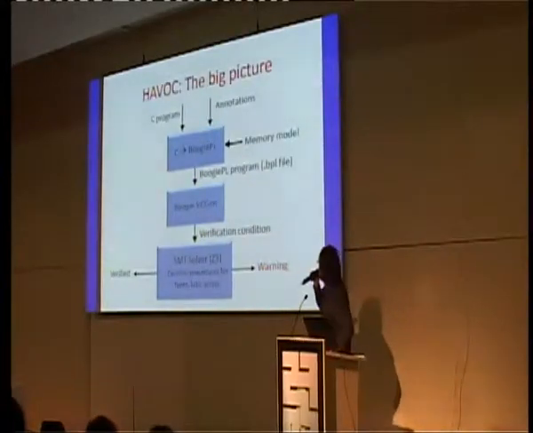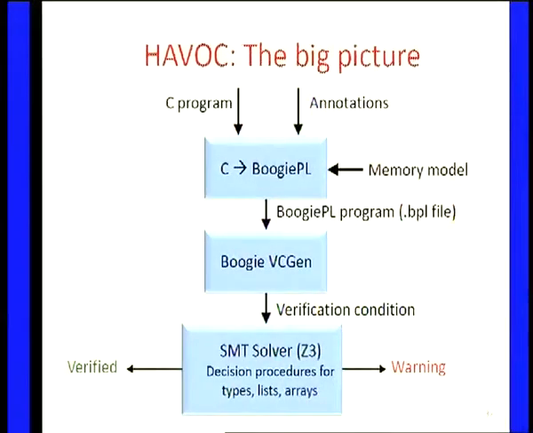So as I mentioned, the memory model is a set of axioms that describe how memory access works. For example, you'd say whenever you write into a variable, you'd expect that next time you read it, you'll have the value that you wrote, right? This would be an axiom described by the memory model.